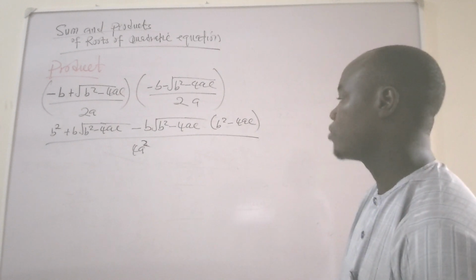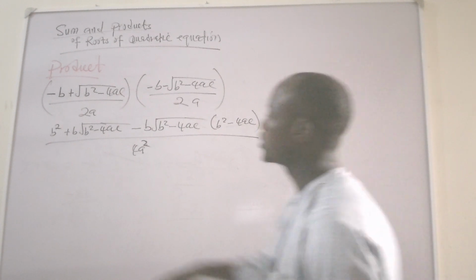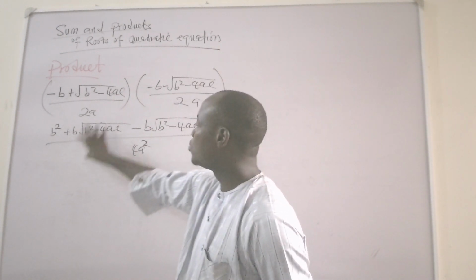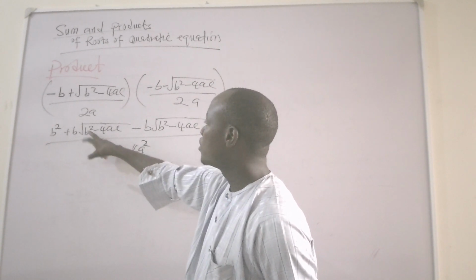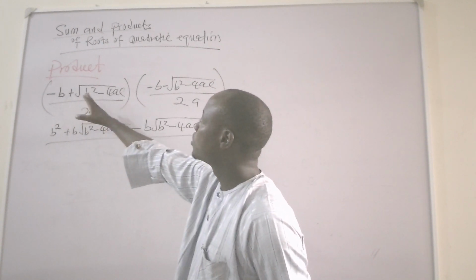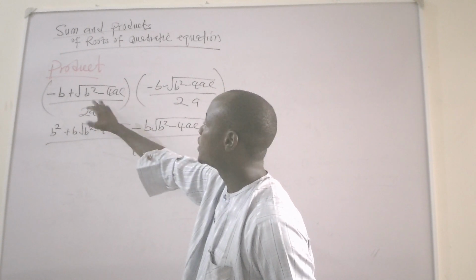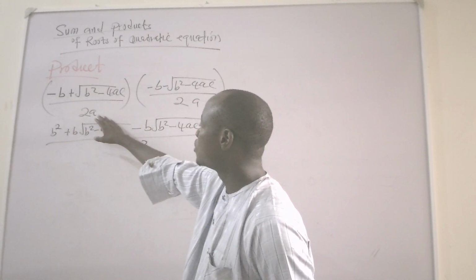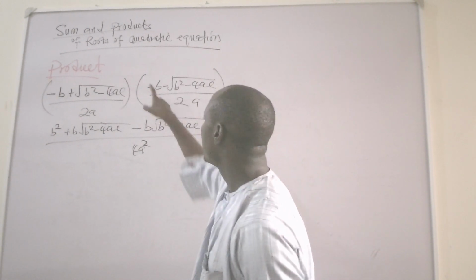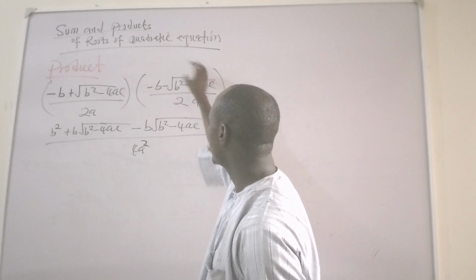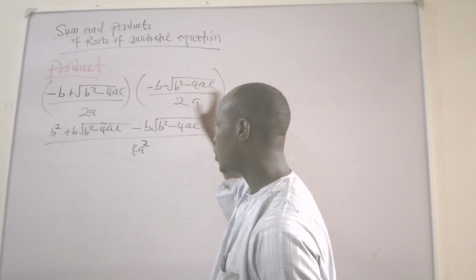So we are now going to look at the product. For the product, we have minus b plus square root of b squared minus 4ac divided by 2a, then times minus b minus square root of b squared minus 4ac all over 2a.